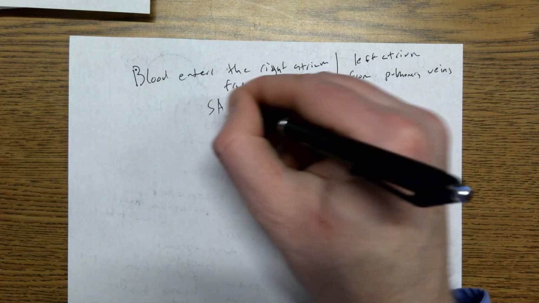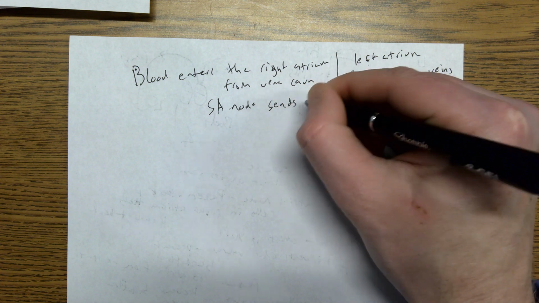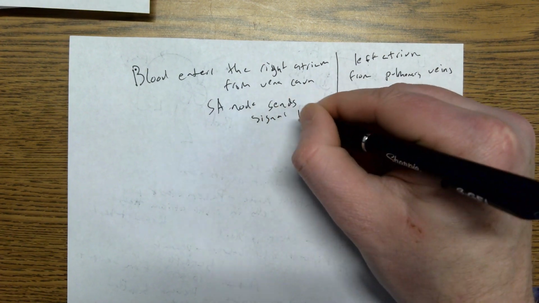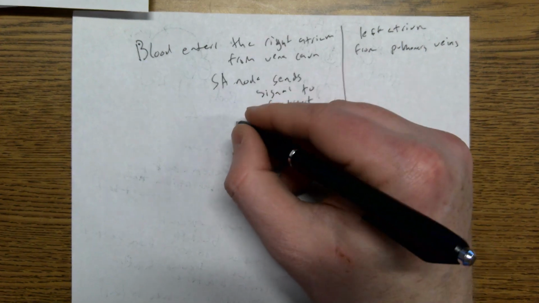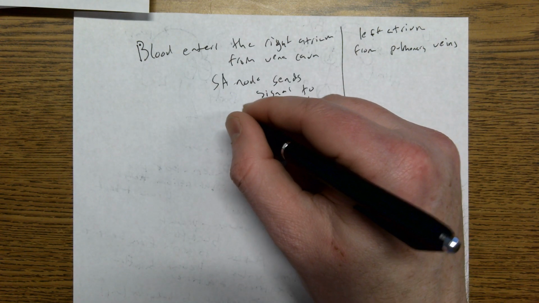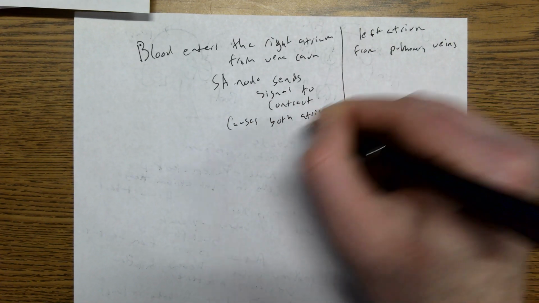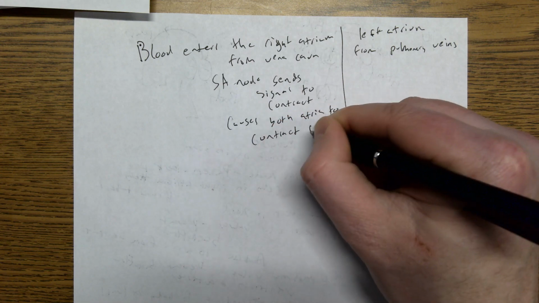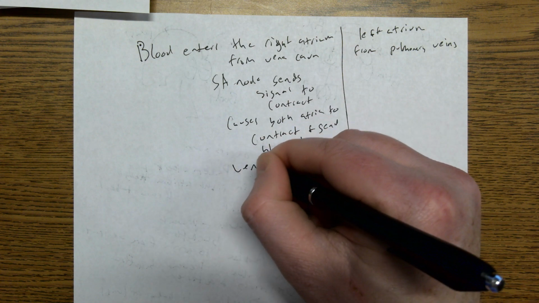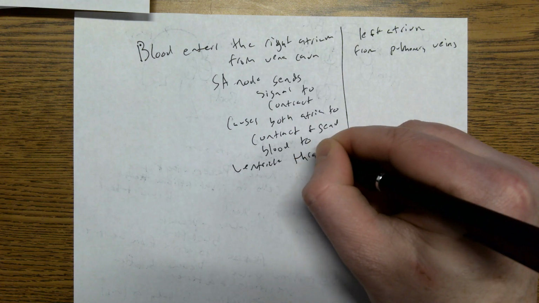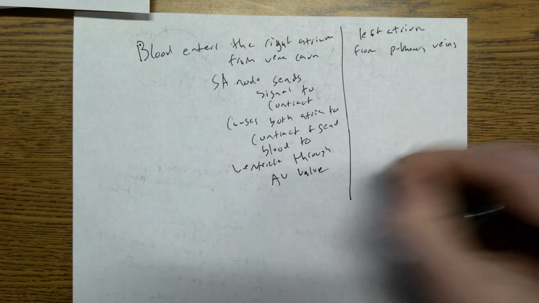Then the SA node, or the sinoatrial node, or the pacemaker, sends a signal to contract. This causes both atria to contract and send blood to the ventricle through the AV valve, or the atrioventricular valve, that we saw on the previous page.